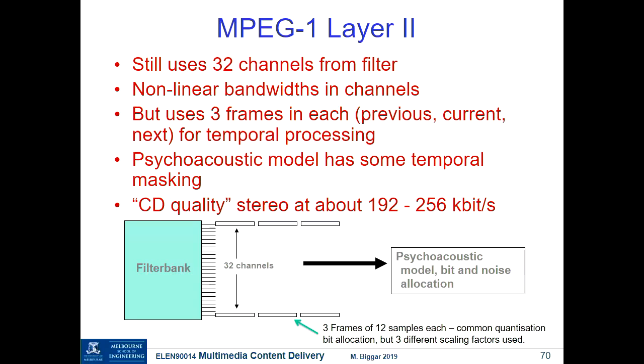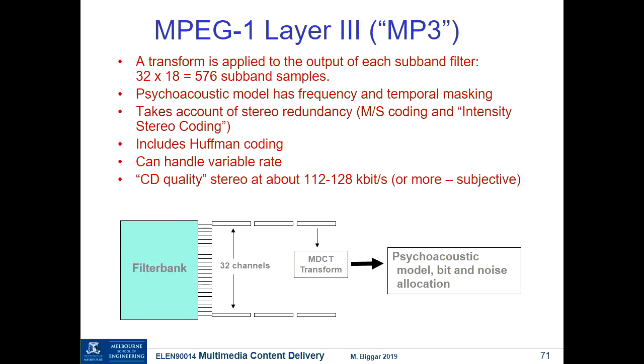Then with MPEG-1 layer 3, there's an extra transform carried out. For each of the outputs of these channels, it then goes through this other transform. This MDCT is a modified DCT. We won't worry about the details of what the filter does, but think of it as another frequency decomposition, like a Fourier transform or like a discrete cosine transform.